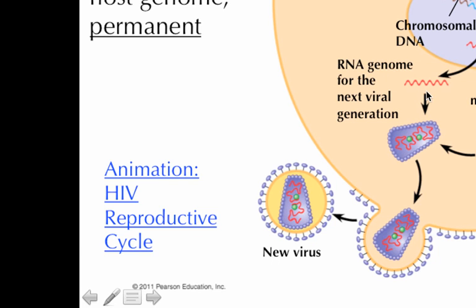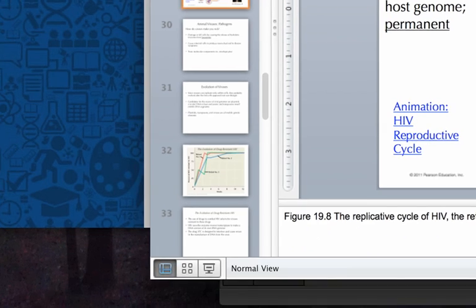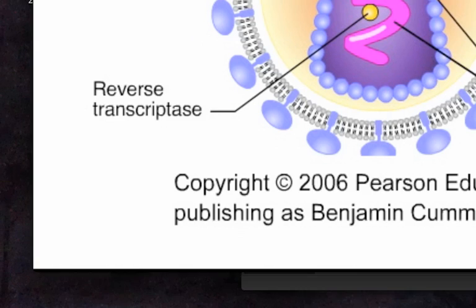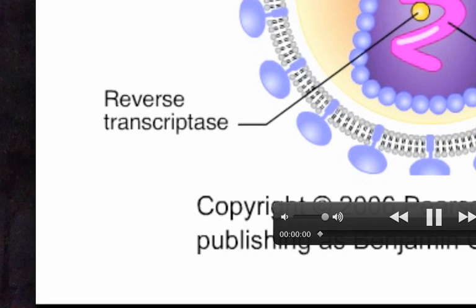Some of it's copied, or it's going to be incorporated to make the genome of the RNA, and then the viruses bud off and go infect more cells. And you can see that here. There's the budding part after it's basically made a bunch of copies of itself. So that's a major problem, because they don't go out of the genome after they get in there.